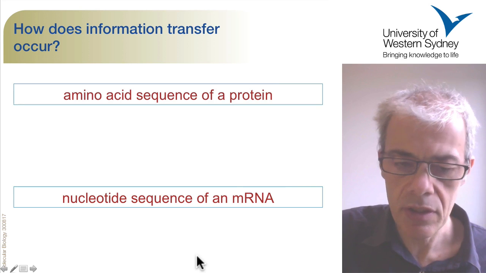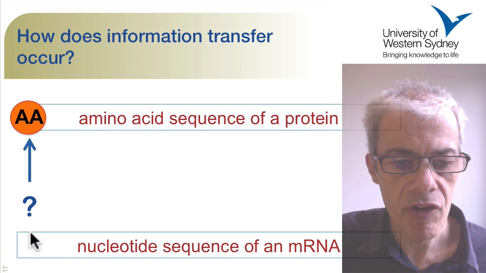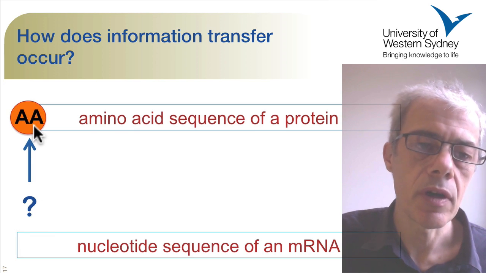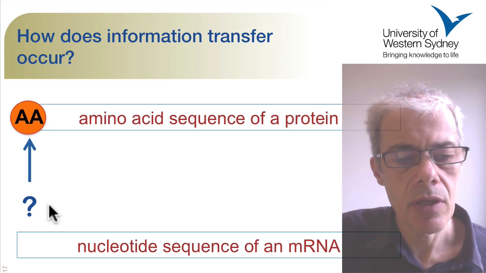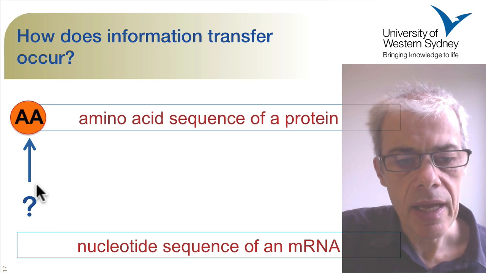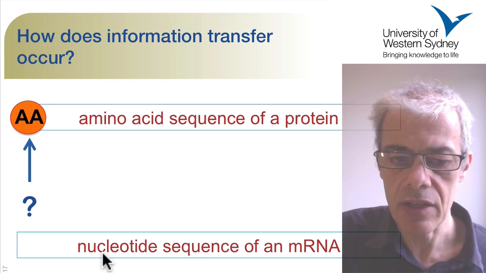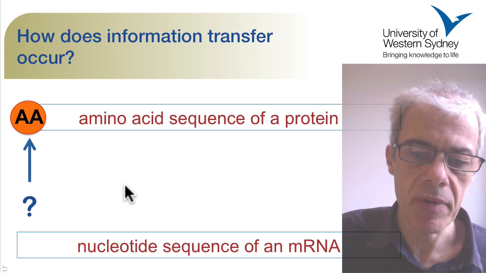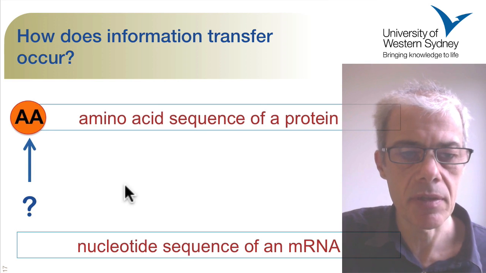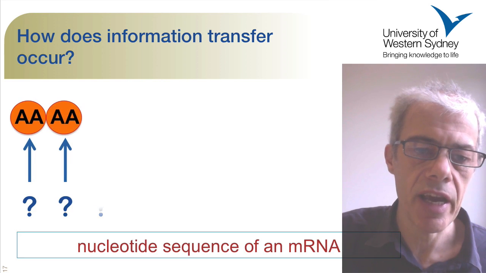There are 20 amino acids, clearly. So something exists that can read a messenger RNA nucleotide sequence and specify a particular amino acid. There's some adapter, and as you probably know, this adapter is a transfer RNA.